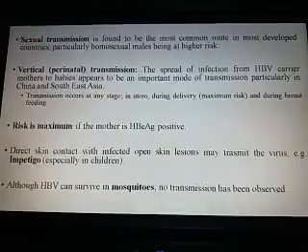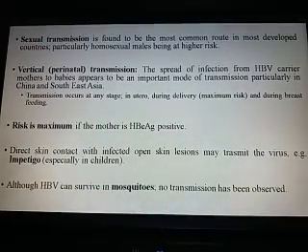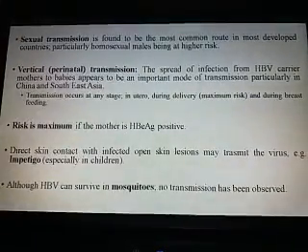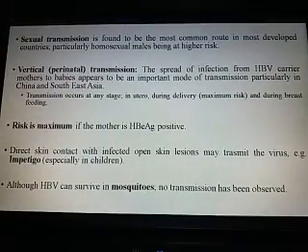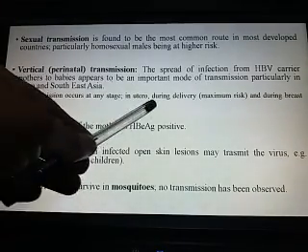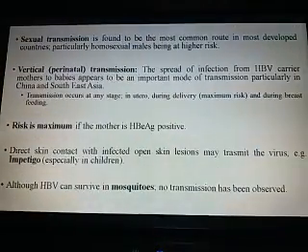Okay, moving to the next. Sexual transmission is found very common. Vertical transmission, that means from mother to newborn, is very common in China and Southeast Asia, and the transmission may occur at any stage, like inside the uterus, during delivery, that is the maximum chance, and during breastfeeding.